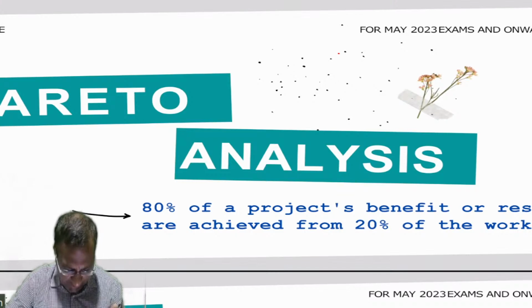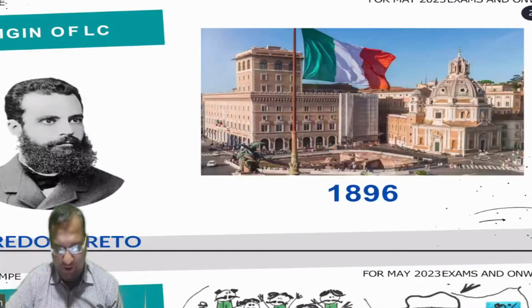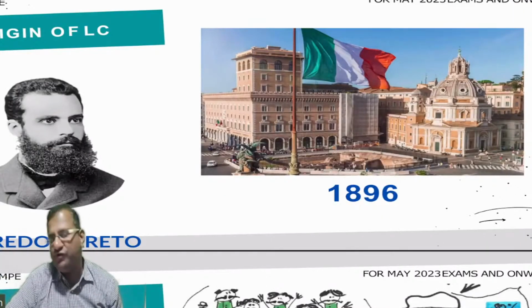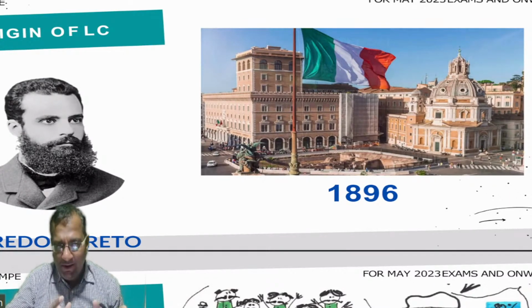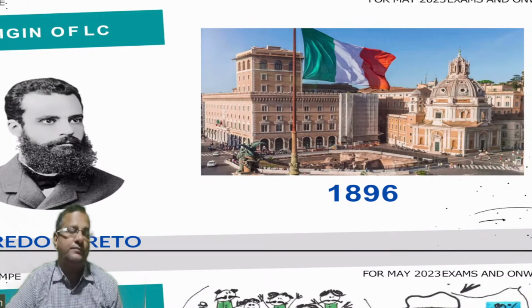Wilfredo Pareto is an Italian economist. इन्होंने एक रिसर्च किया था अपने होम कंट्री इटली में.